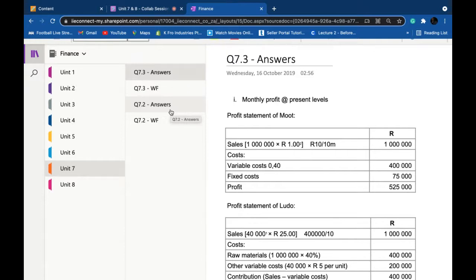Okay. Right, then calculation of Anno's contribution. Okay, demand units, selling price, total revenue, cool. Variable costs, A and B. And then your contributions there.